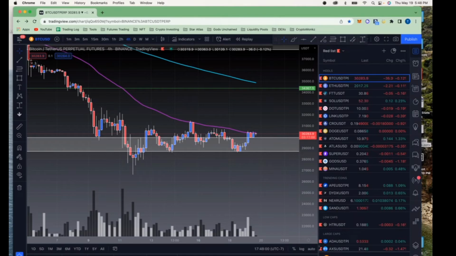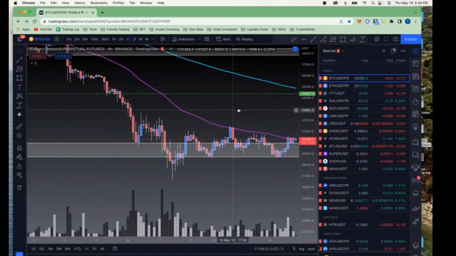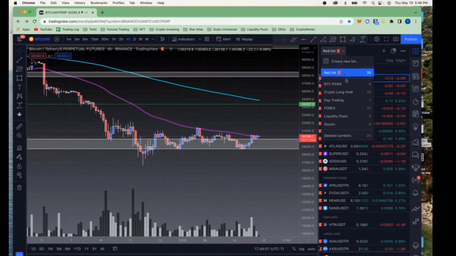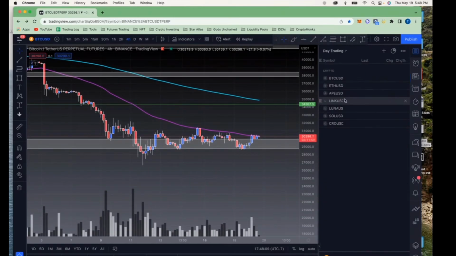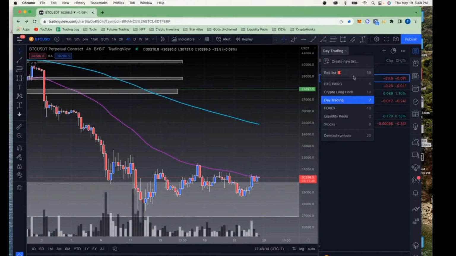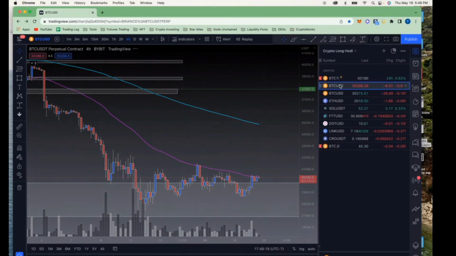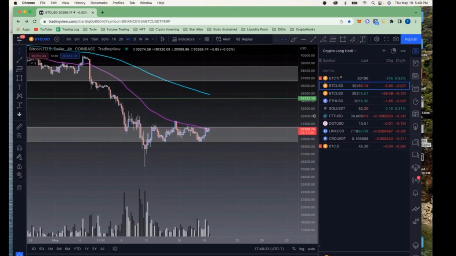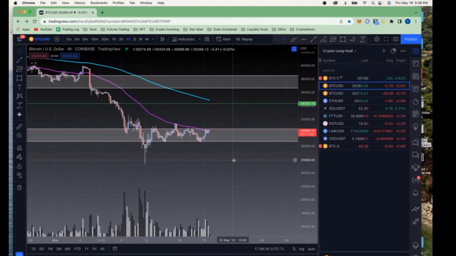What I would say, everyone, is to use the stuff that we all learned, which is support, resistance, identifying the trend, and then even the candlestick patterns.